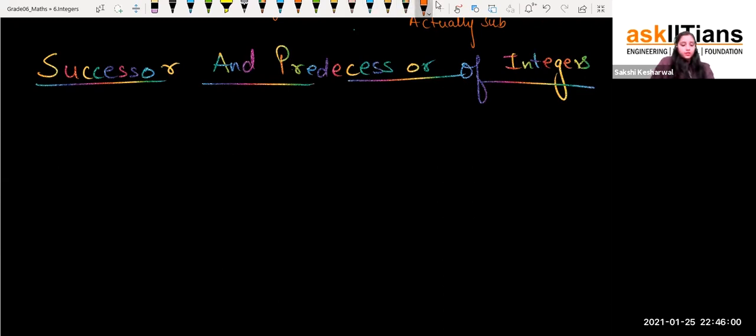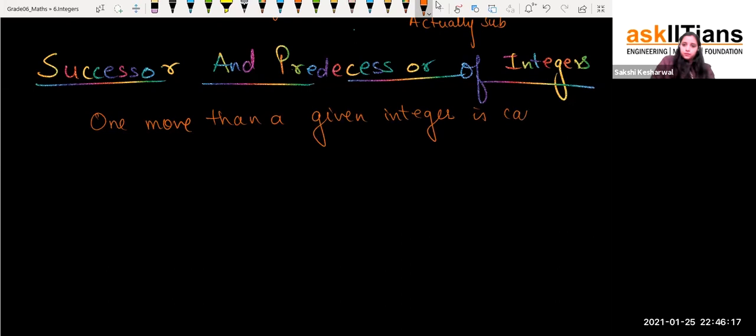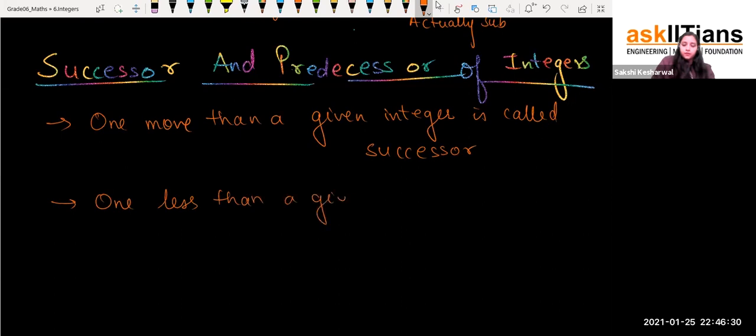If you take one more than a given integer, it is called the successor. And one less than a given integer is called the predecessor, right or not?